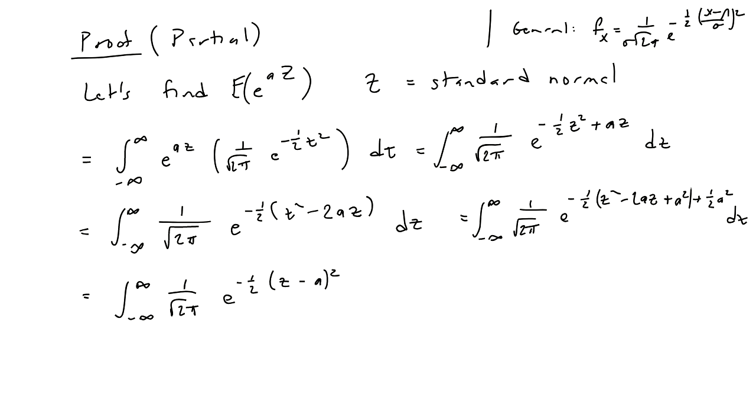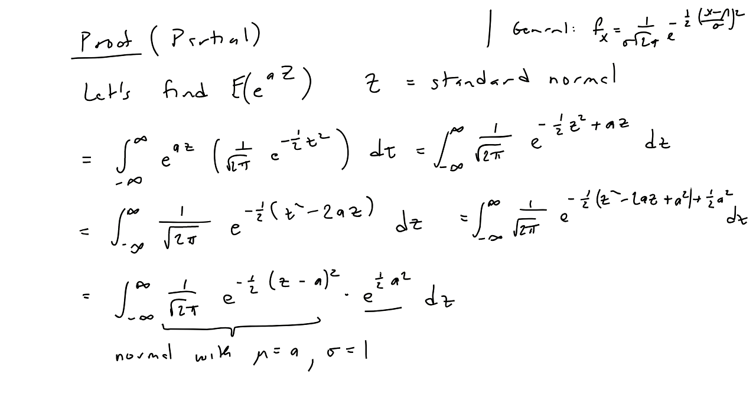And I will want to separate this. And notice this doesn't have the variable in it, so that's a constant, so I can pull it outside. And notice this is similar to what I have up here if I'm letting mu be a and sigma be 1, which means it's a normal distribution, which means its integral from negative infinity to infinity is 1.